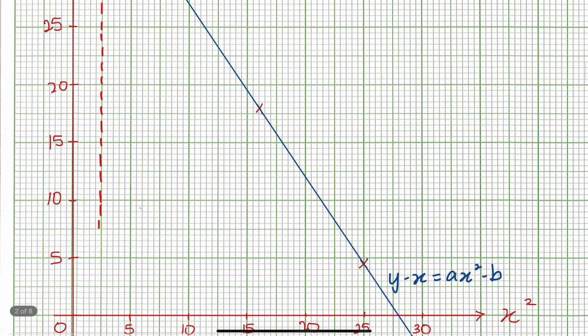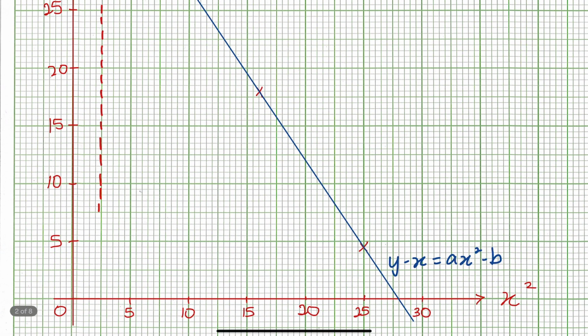Okay, so from here, what do I get? I can see that maybe I can choose this point here. Okay, I do not have a ruler on my iPad, so it's a bit hard to draw straight lines, but you should be able to draw a straight line.